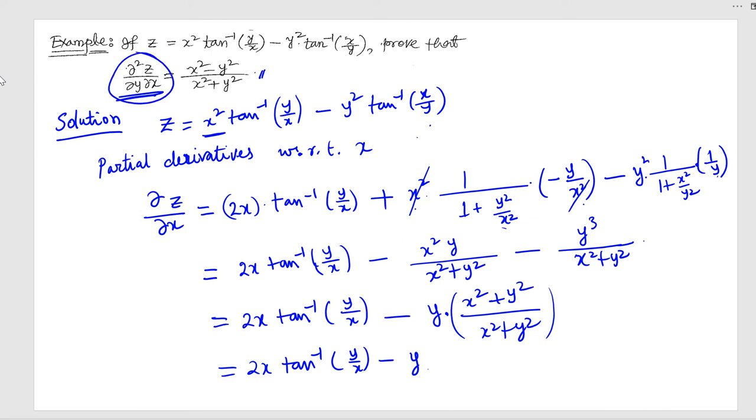So whenever you find this, the order is very important. So the meaning of this one is: y is first, so that means del y, and the inside coefficient will be this del z del x. So that is why we have to first differentiate with respect to x and then y. So now we have this one.